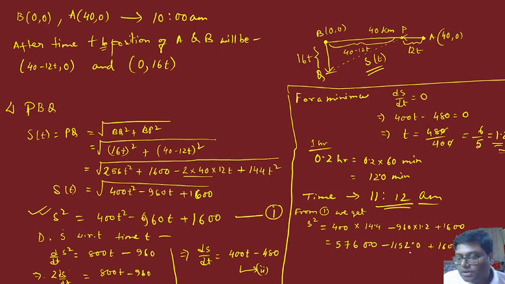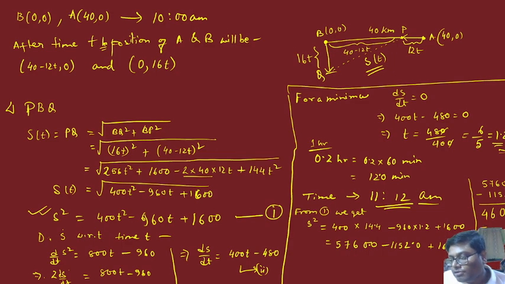Okay, so if I do the calculation, what will be the value? 5760 minus 1152, so what will be the value... Hey, I think I've done it wrong.